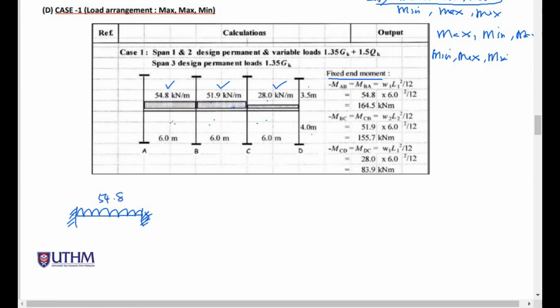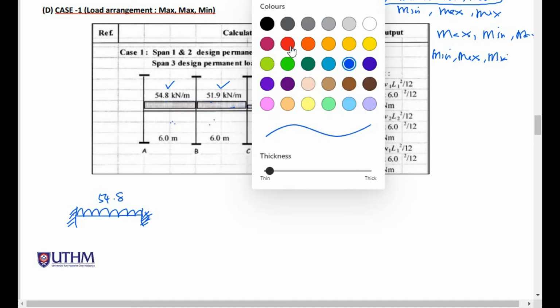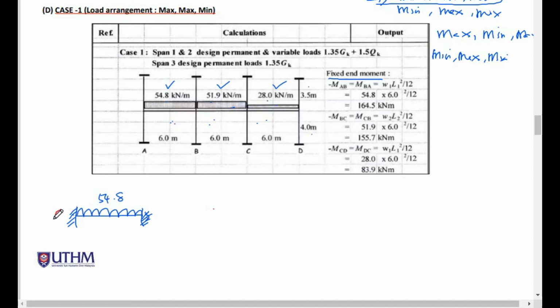When this load goes downward, we assume that the moment should be this way, because it goes downward so it needs to balance. This is MAB, because here is joint A and joint B, and here is moment at BA. So this is how we draw the fixed end moment for span number 1.